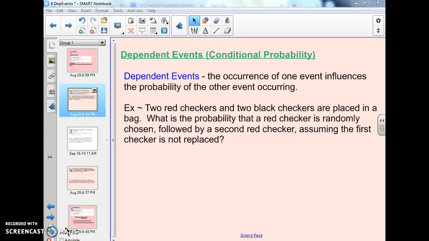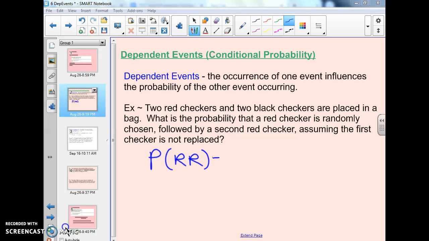So we want the probability that we get a red followed by a red. Again, we're going to multiply the probabilities together. They're just not going to remain constant. So the probability of getting a red checker is going to be 2 out of 4, or 1 out of 2, for the first one. When I go to draw the second one, now there's only 3 checkers left to choose from, and only one of them is red.